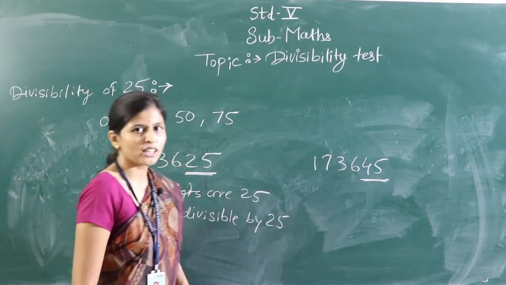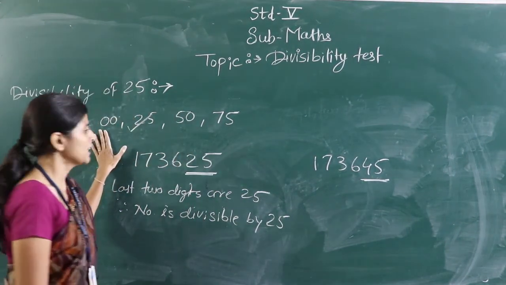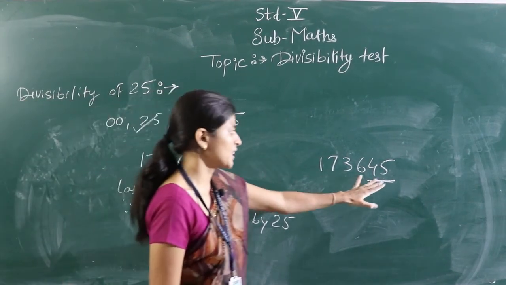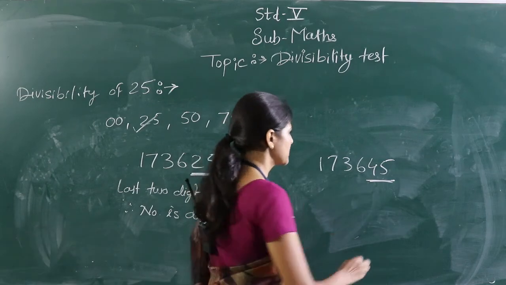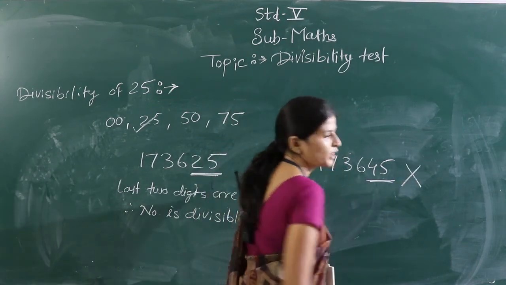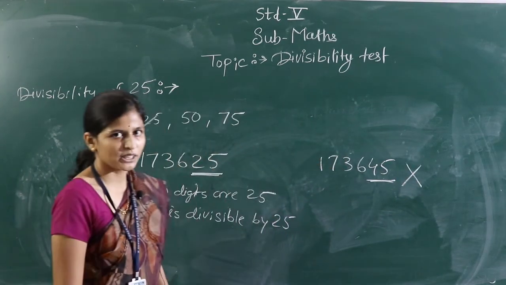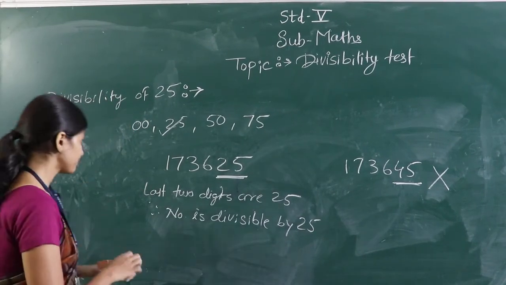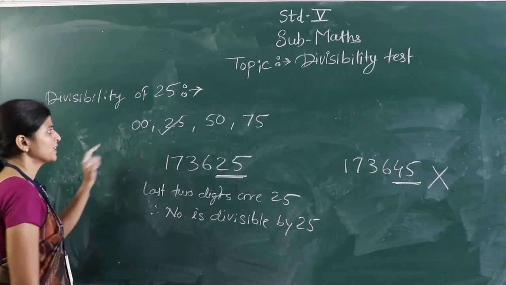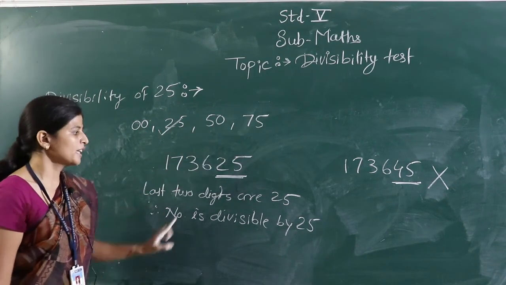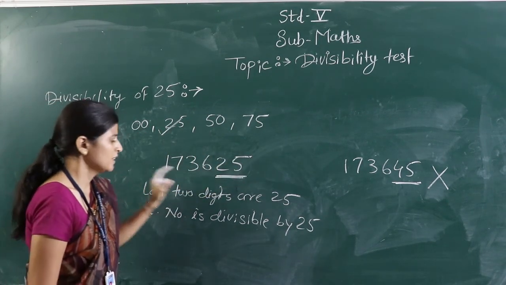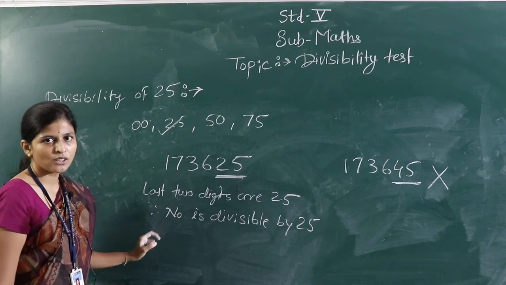The last two digits are 45, other than 00, 25, 50, 75. So this number is not divisible by 25. This is the divisibility test for 25. If the last digits are 00, 25, 50, 75, then the number is divisible by 25, otherwise not.